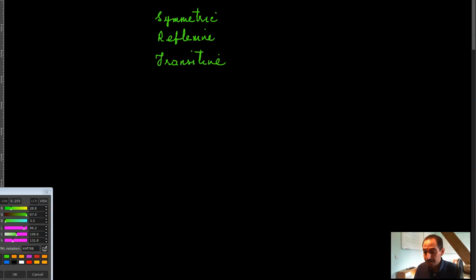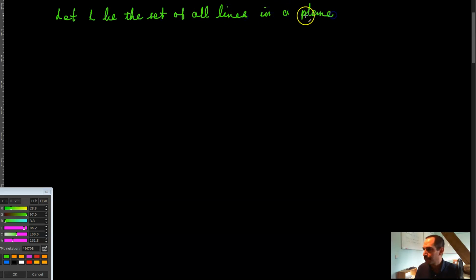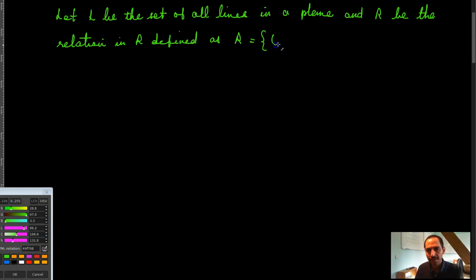Okay, so example number 3 is: let L be the set of all lines in a plane, and R be the relation in L defined as R equal to all the ordered pairs (L1, L2) such that L1 is perpendicular to L2.